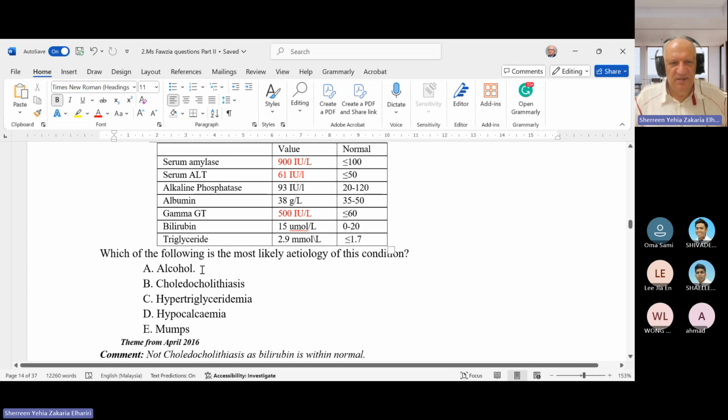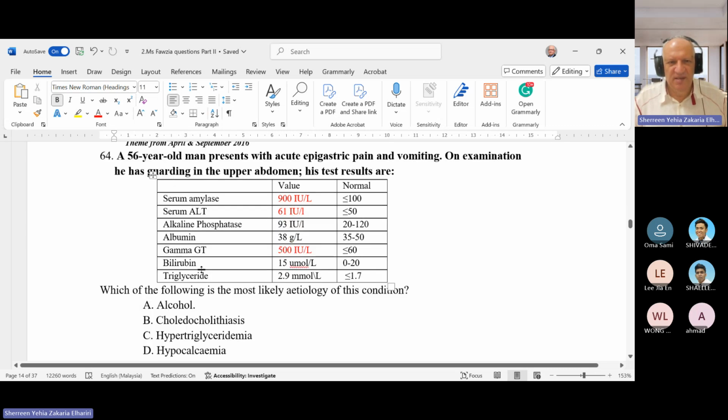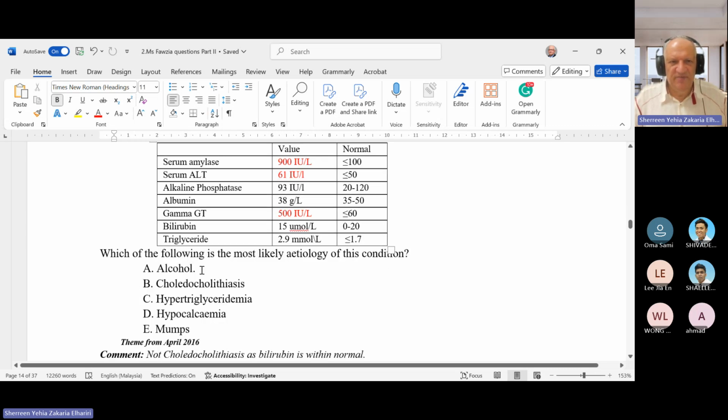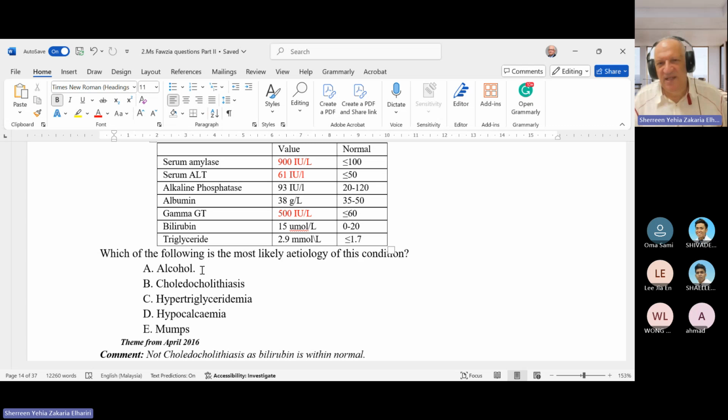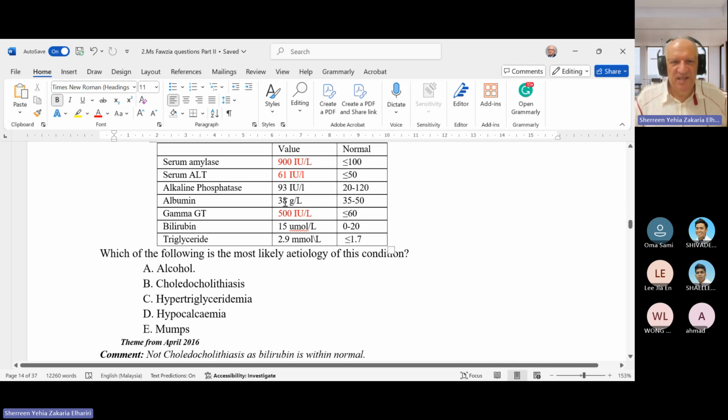First, alcohol. If the patient takes alcohol, what happens to his liver? He becomes liver cirrhotic. So you can find the liver enzymes become very high and the albumin is low, so hypoalbuminemia, which is not here because the albumin is within normal and the liver enzyme is not very high. It is just 61, so it is not alcohol. Okay.